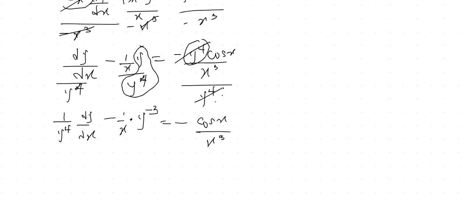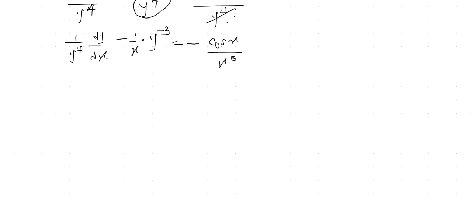Okay. Now this gives you y raised to the power of minus 4 dy dx, then minus 1 over x multiplied by y raised to the power of minus 3, which equals minus cos x over x raised to the power of 3.